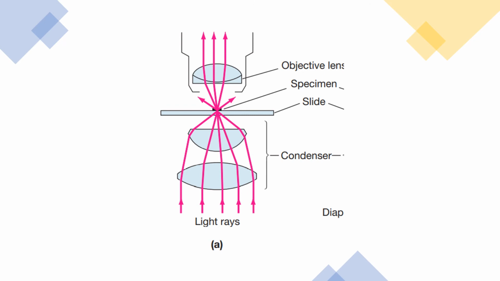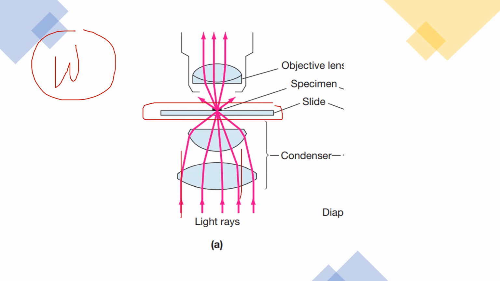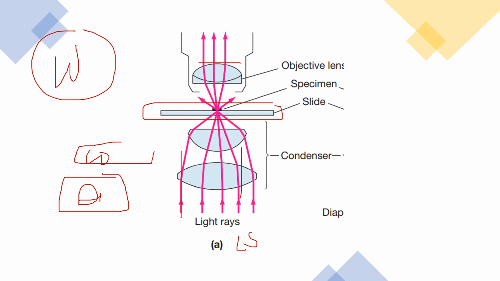Now we are going to talk about the working of the microscope, but before that, let's get a brief idea about it. When light rays enter onto the specimen through the condenser and the diaphragm, they all get focused onto the slide, and then they pass through the objective lens. They were first illuminated by the light source, then they pass through the diaphragm, then through the condenser. The diaphragm helps in controlling the amount of light, then the condenser helps in focusing.